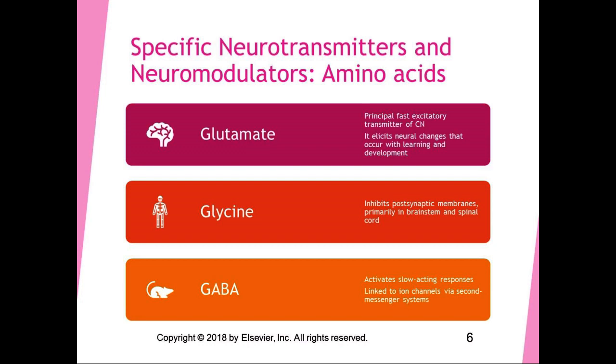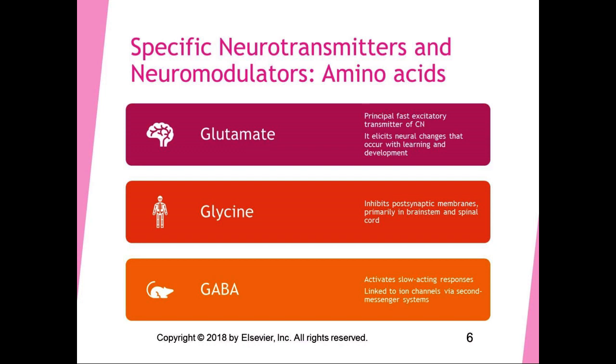So glutamate, glycine, and GABA, the three Gs, are the main neurotransmitters and neuromodulators in the central nervous system. They're all amino acids, so they're all building blocks of protein. They're all coded for in DNA. Glutamate is the principal fast excitatory transmitter of the central nervous system.